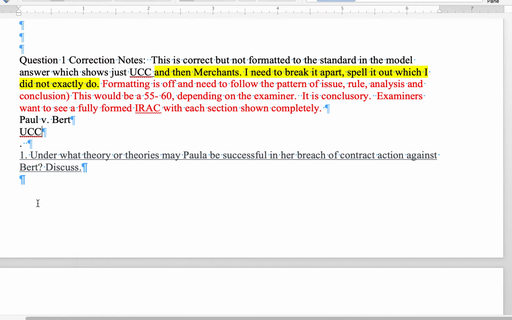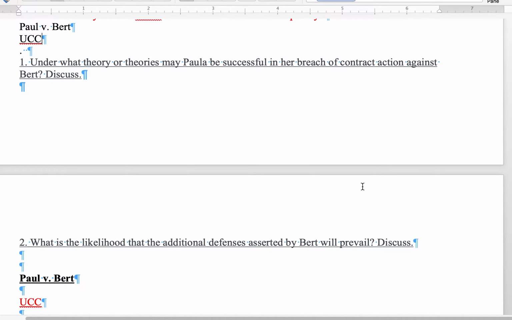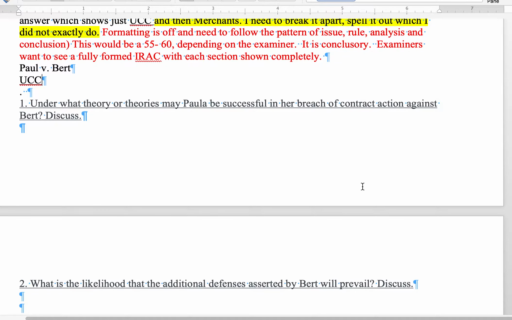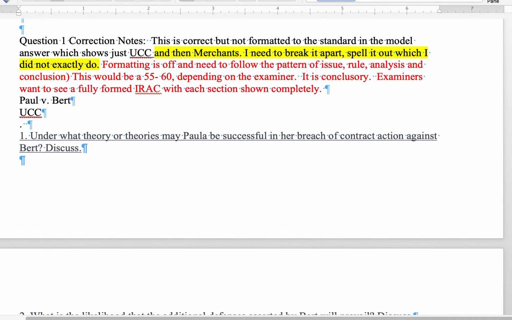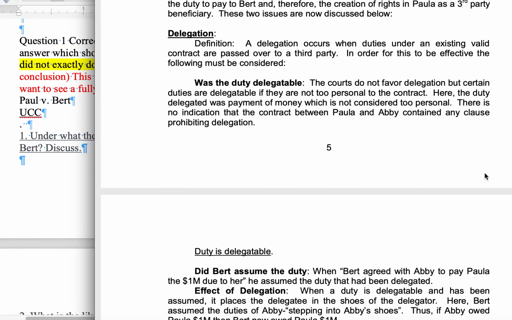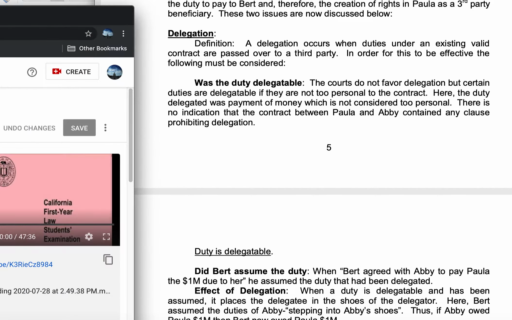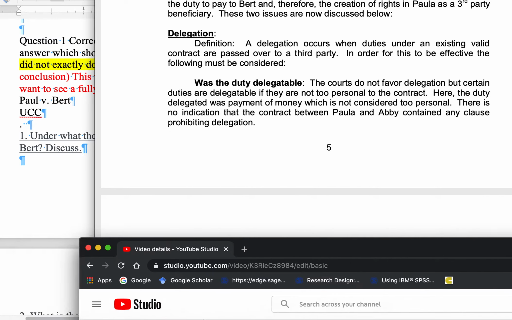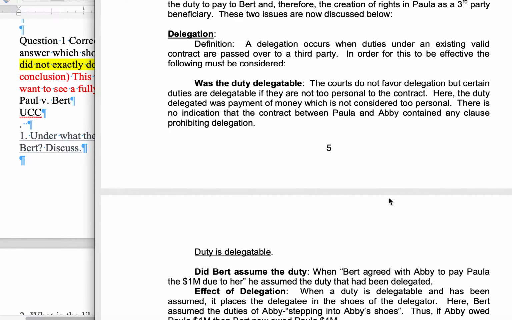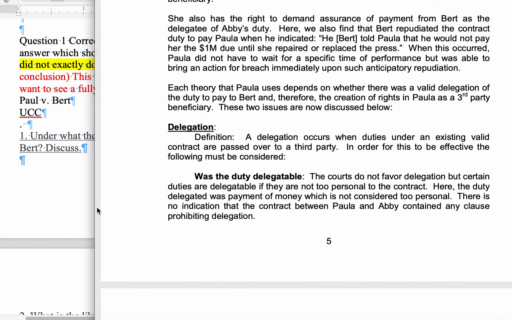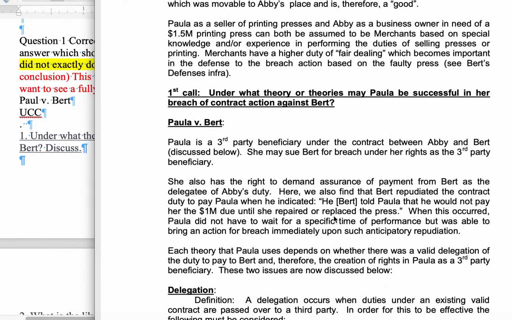Alright, so then we go under what theory or theories may Paula be successful in her breach. And if you're grasping for definitions and so on, if you're doing practice ones, go look at your outline.